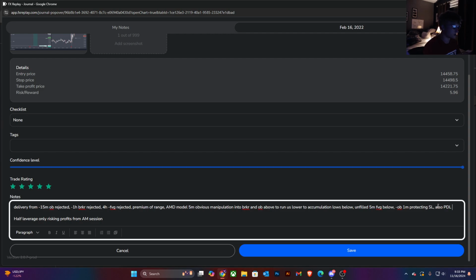Also previous day's low, higher time frame draw on liquidity, and daily sell side levels below, obvious sell side. Daily draw is below. Alright, yeah. So A plus setup here.